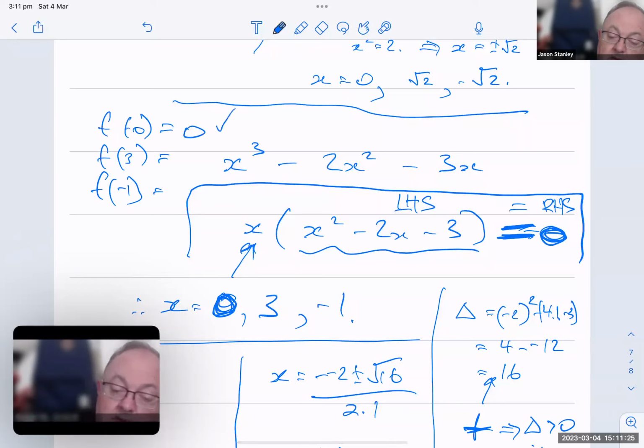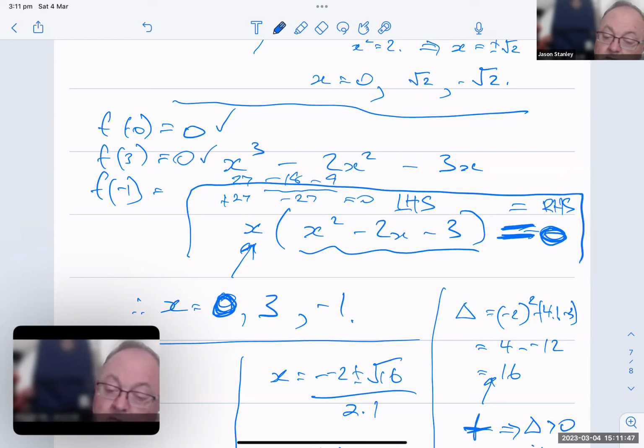So that's worked. 3 threes are 9, 3 nines are 27. 3 threes are 9, 2 nines are 18. Minus 18 minus 9 is minus 27. 27 minus 18 minus 9 is equal to 0.